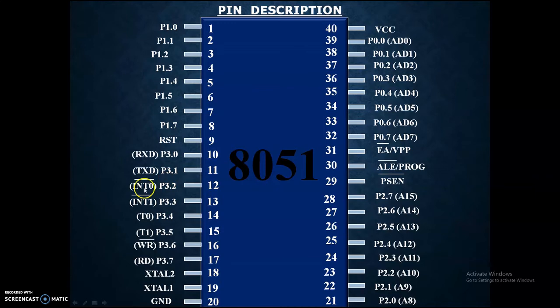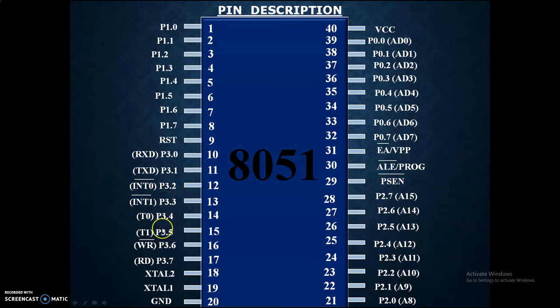And there are two interrupts, P3.2 and P3.3, which are pin number 12 and 13. Those are active low. That means when this signal is low, the pin is activated. Similarly, pin number 13, that is P3.3.